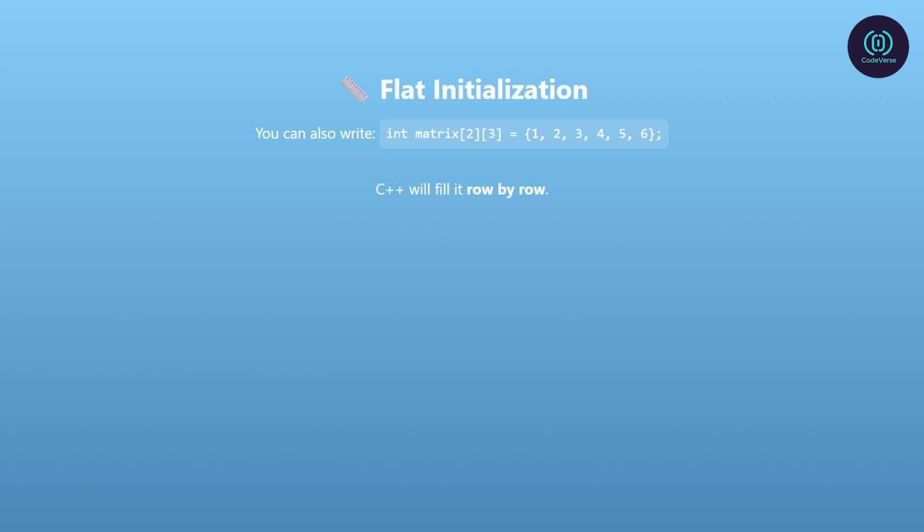You can also write the entire array in a single line, like this, int matrix[2][3] = {1, 2, 3, 4, 5, 6}. C++ will still fill it row by row automatically. But using nested braces makes your code more readable, especially when working with large tables.